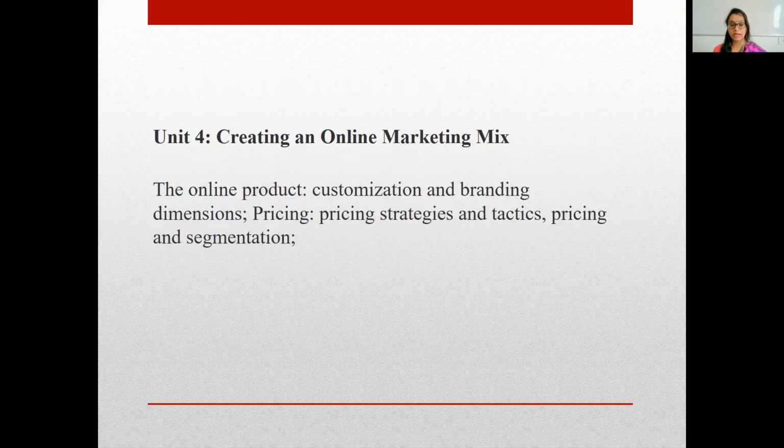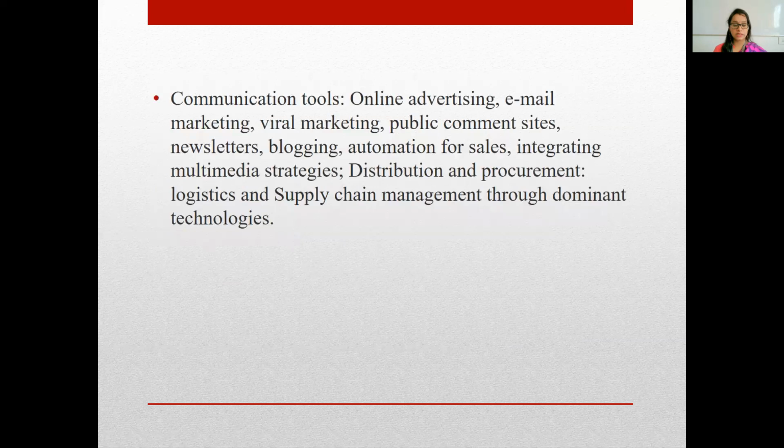Coming to the second P, that is the pricing strategies and the tactics, where you tend to realize what exactly are the strategies one is involved in in terms of trying to follow the pricing norms. Coming to the third P, that is your promotion, which talks about all the digital tools that one could use in order to acquire more online customers in the market, or trying to reach out to their customer at their best needs.